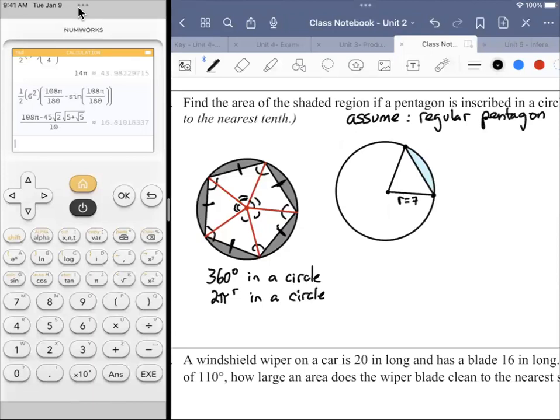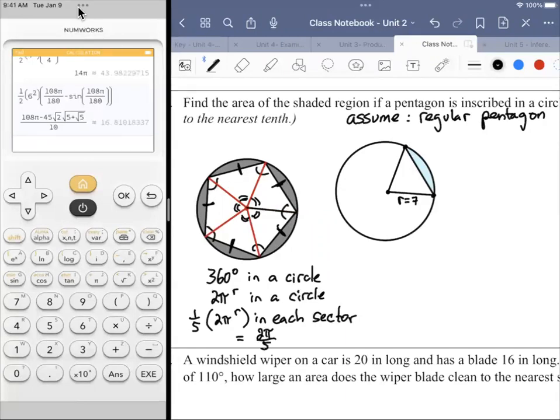If we were to go all the way around, starting here and sweeping through the circle like I do for some of the other problems, that would cover 360 degrees, or 2 pi radians. So each one of them has to be 1/5 of 2 pi in each sector, which is the same as saying 2 pi over 5.